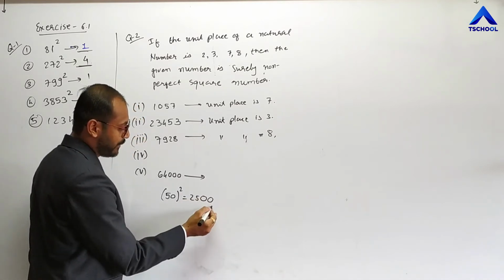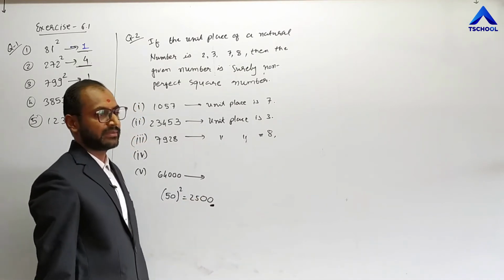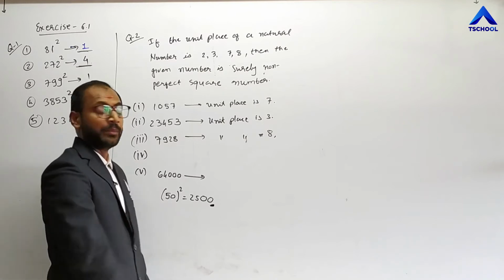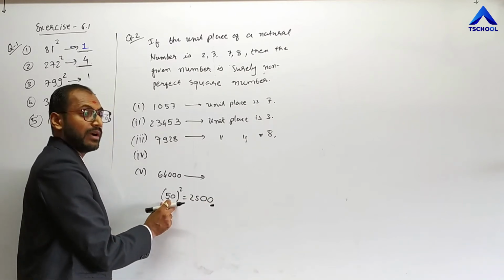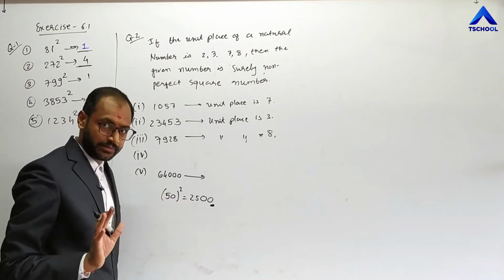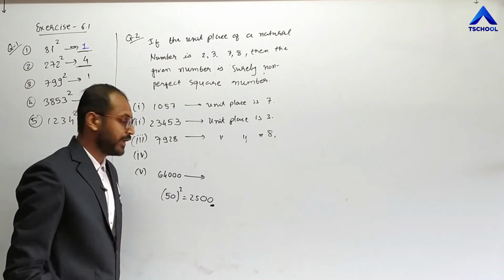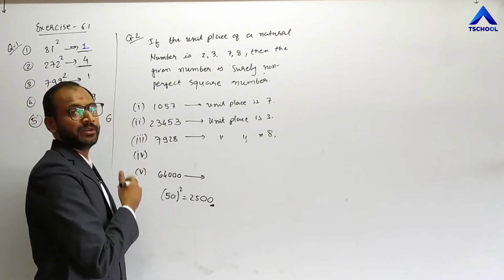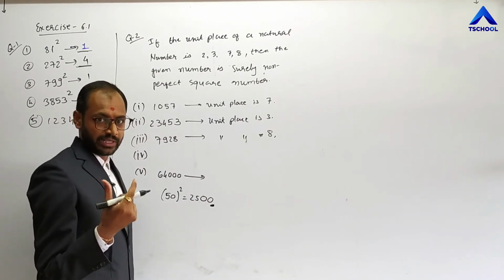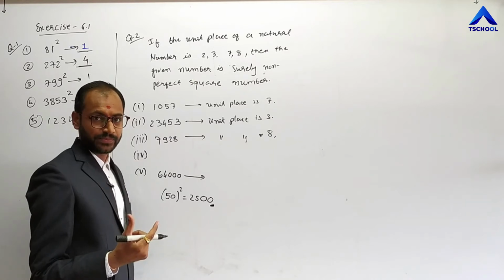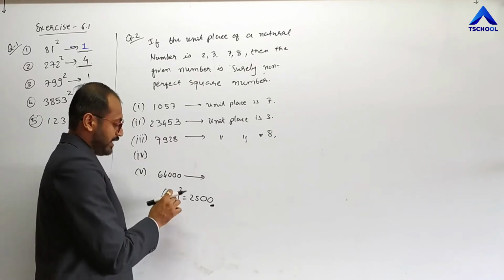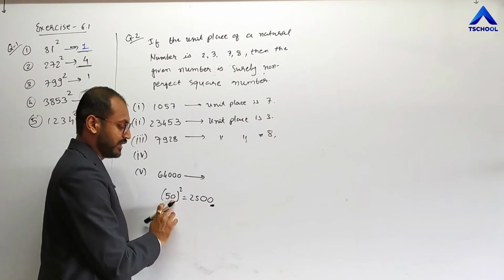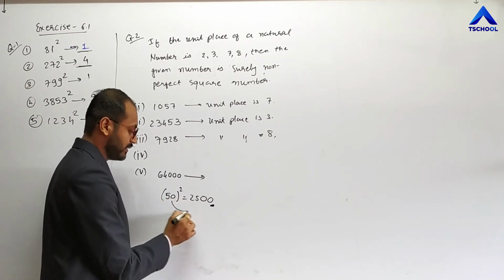So there is only one possibility to get unit place 0: the main number should contain at least 1 zero. Clear? Now this number contains a 0. That means its main number should contain at least 1 zero. Now if the main number contains 1 zero, then its square contains 2 zeros.